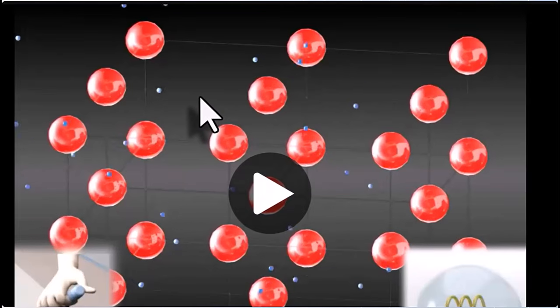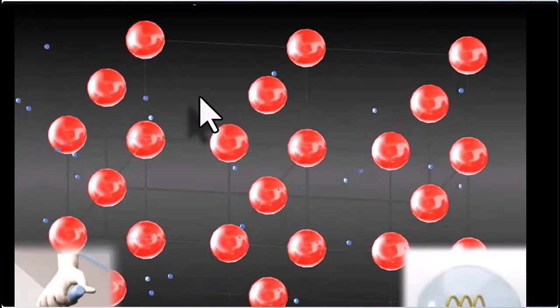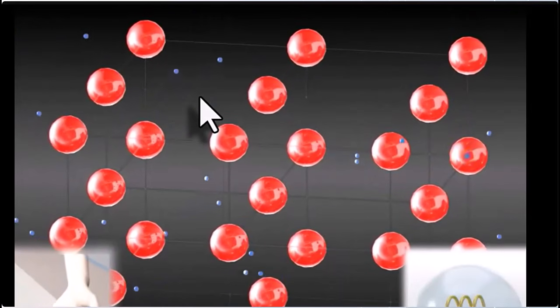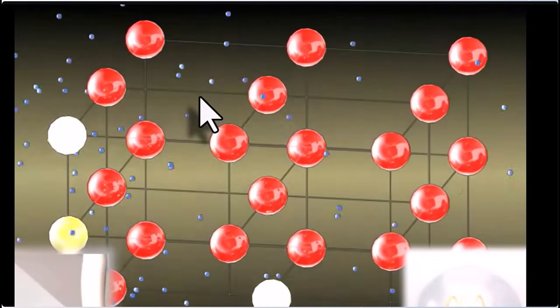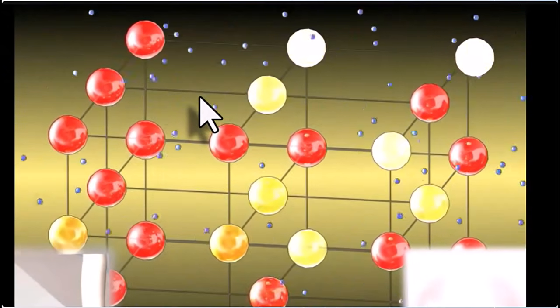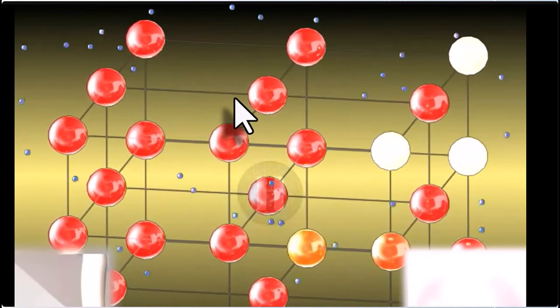Before current flows, the frequency of collision is low, but when current starts flowing, electrons collide with the lattice ions more frequently, and the amplitude of vibration of the lattice ions increases, right? Because of the collisions between the electrons and the lattice ions.